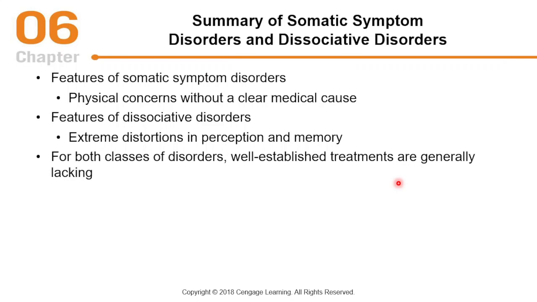Whereas with the features of dissociative disorders, there are extreme distortions in perception and memory. And then for both cases of disorders, the treatment outcome or even the well-established treatments are seen to be still lacking and need to be further studied.